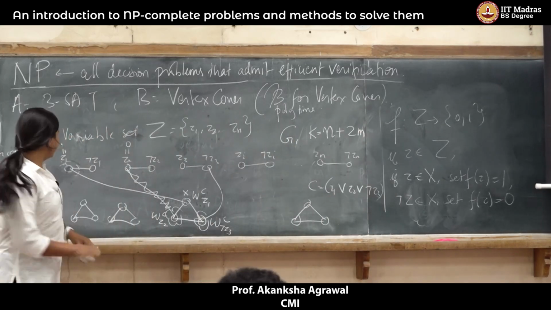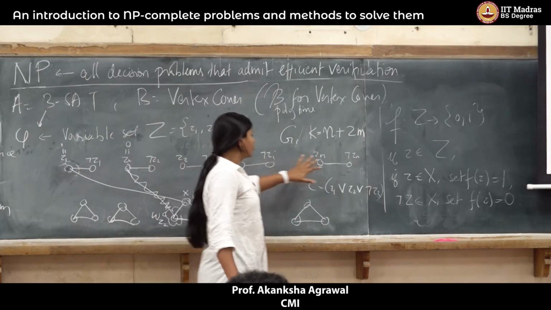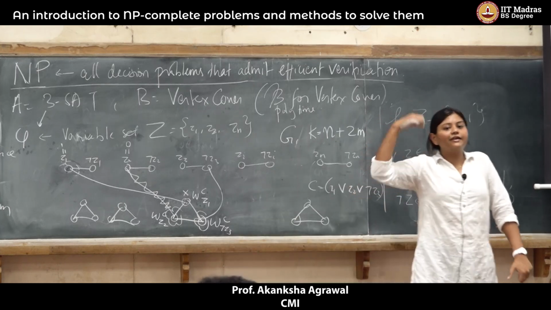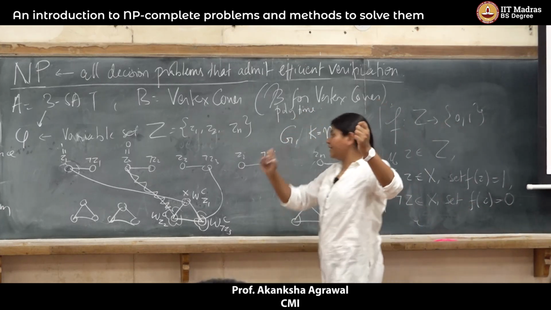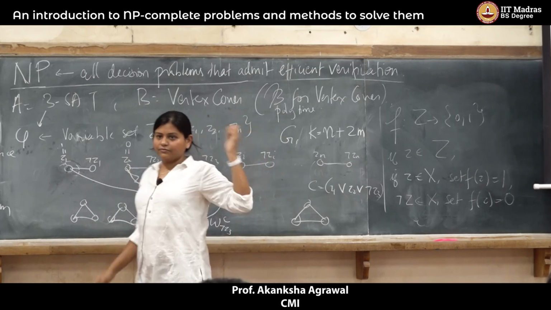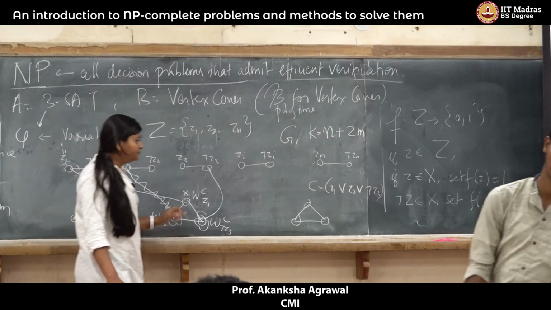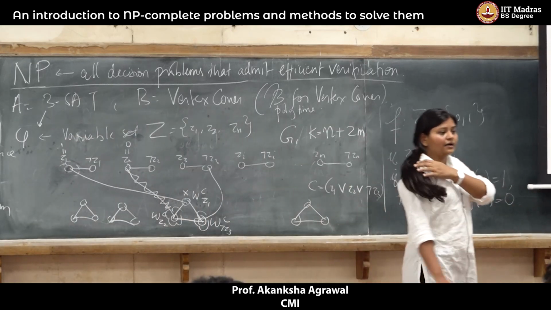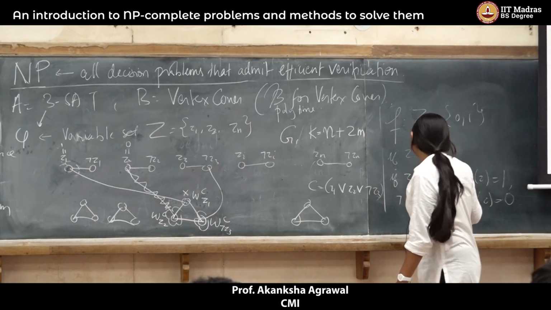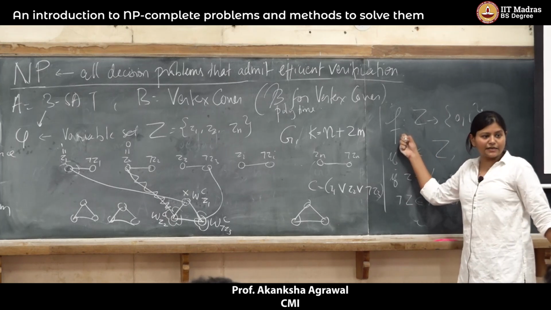Notice that all these top edges are covered because for every variable I have included at least one of the literal vertices. For every triangle, let's see why. Now what I want to prove is that f is a satisfying assignment.